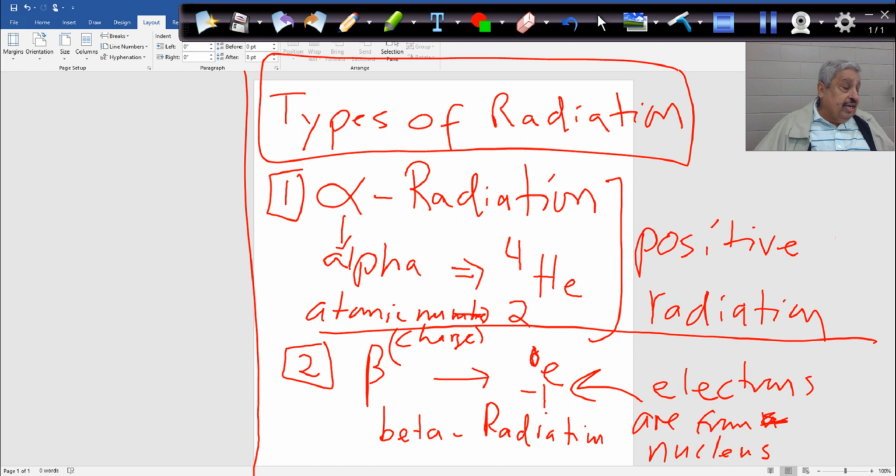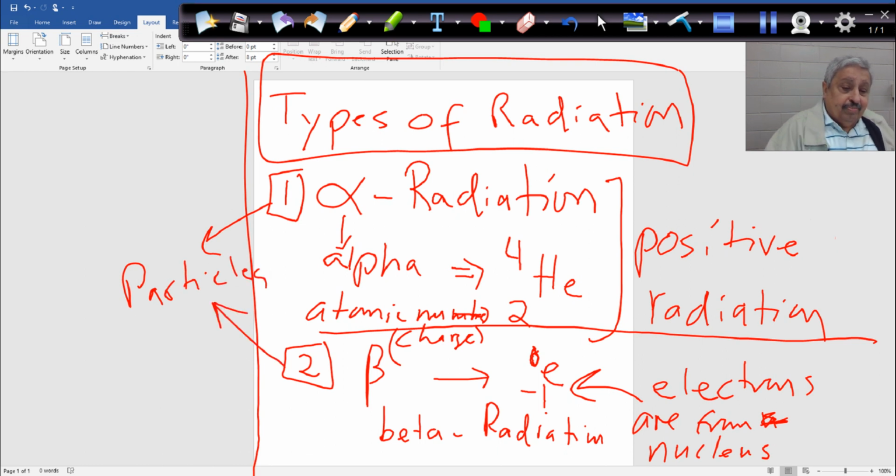When the protons and neutrons are colliding with each other, they are producing a lot of other stuff, and some of the other stuff are negatively charged particles, correct? Both of them are coming from the nucleus, nothing from valence electrons outside. That's all coming from this collision among neutrons and protons within the nuclei themselves, okay?